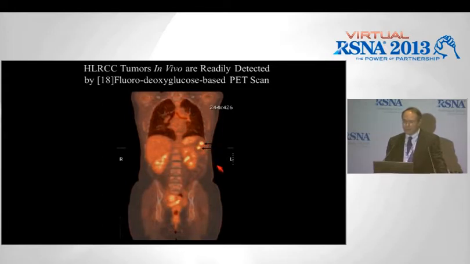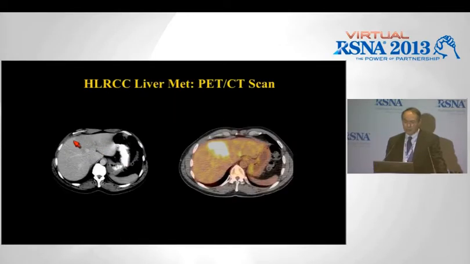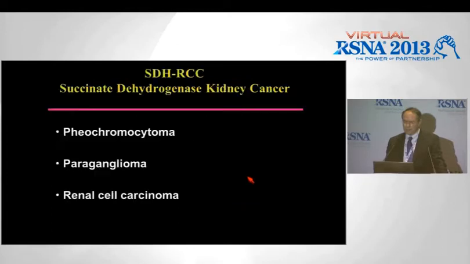Here's some metastases on FDG. And this is a lesion that very much surprised me. It was a patient with renal cancer that was from HLRCC, very vague defect in the liver, PET scan, clearly active. This was metastatic disease to the liver. And a related disorder that we've more recently discovered is succinate dehydrogenase cancer.